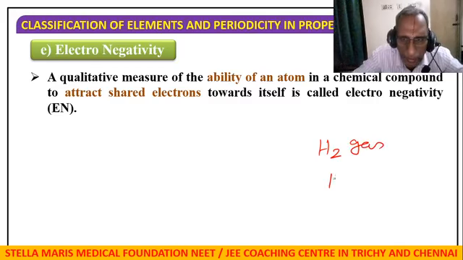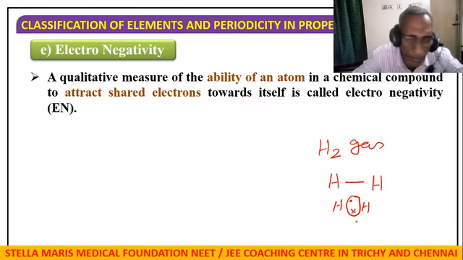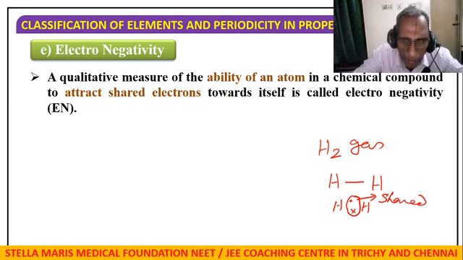Hydrogen gas means 1 hydrogen atom, 1 hydrogen atom. So this hydrogen atom gives 1 electron. This hydrogen atom gives 1 electron. It is at the center. This is called shared electron. We will see about sharing later.